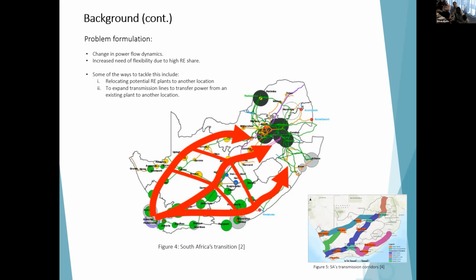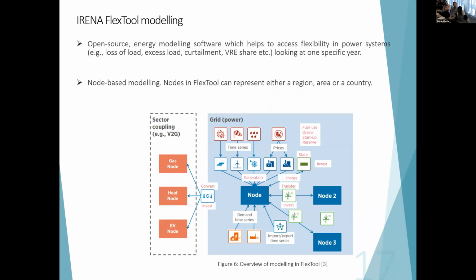And now coming to the Flextool modeling. Flextool is an open source energy modeling software which helps to assess flexibility in power systems, and it's node based. So each node can represent a region, area, or country. For our case, we are representing each of those nodes as 11 supply areas, as mentioned in the GCCA reports.